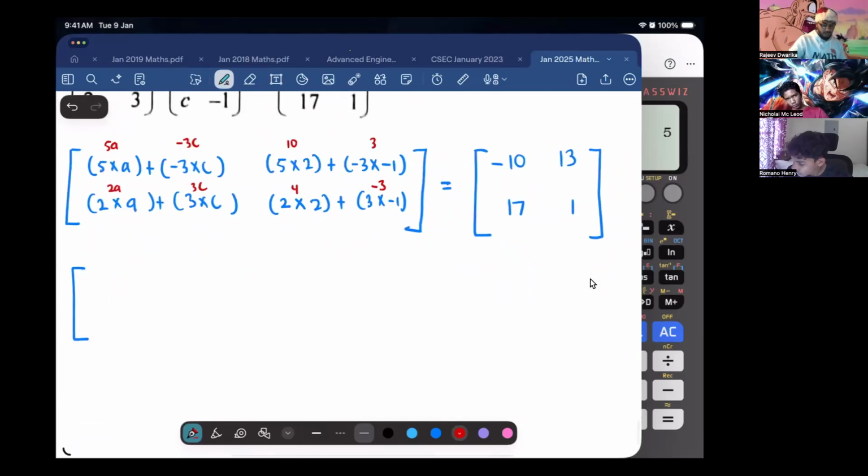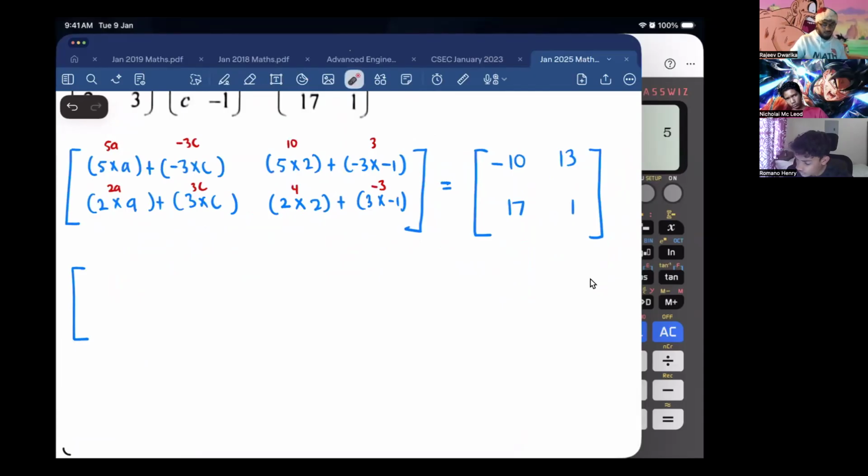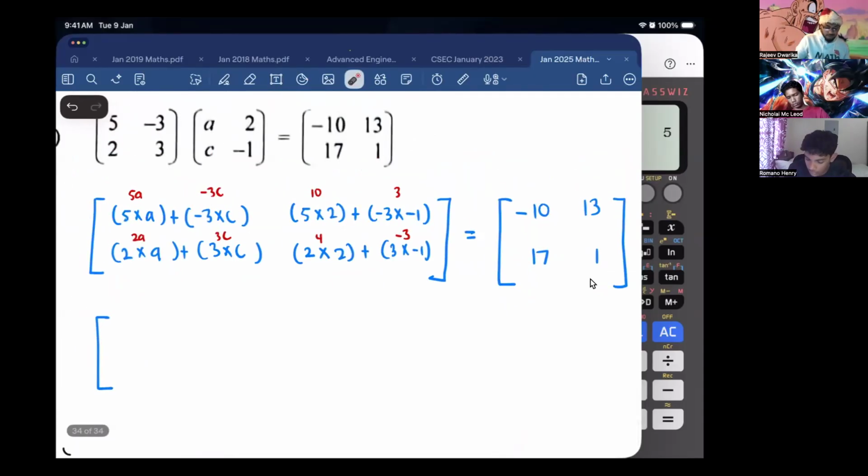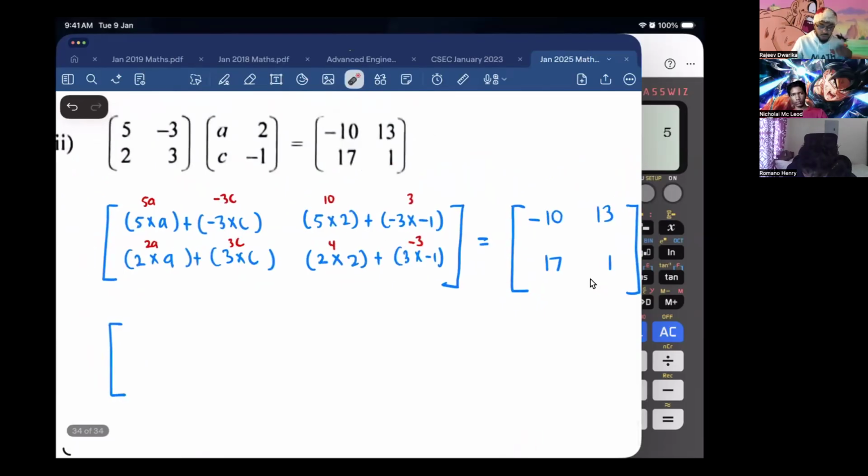Okay, so let me show you a little hack. You multiply this out. Everywhere where you do have an unknown, you're supposed to get the number. Look at where the 13 is. You're supposed to get 13 over there, and you're supposed to get 1 over here.